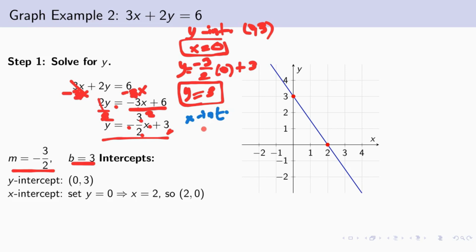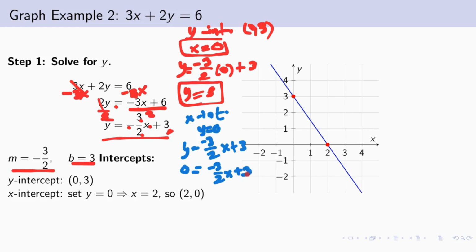To find the x-intercept, we set y equal to 0 for us to find the point that touches the x-axis. We have y is equal to negative 3 over 2x plus 3, and y is equal to 0, so we have 0 is equal to negative 3 over 2x plus 3.